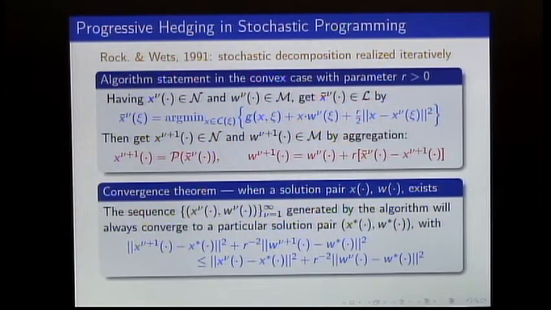So we take this larger element, and now we project it on the nonanticipativity subspace. That's the operation involving conditional expectations. And then we update the multiplier by what a lot of people recognize as an augmented Lagrangian-like update, and so forth.